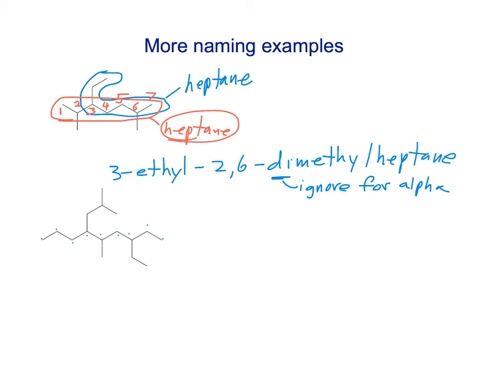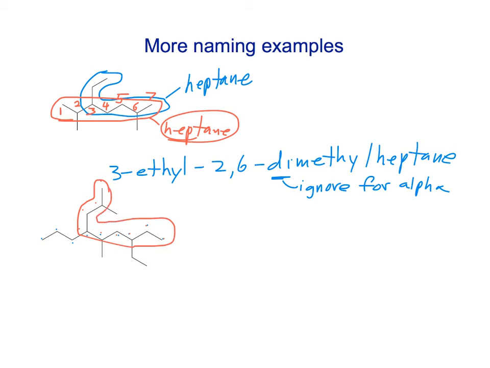Or we could count from up here at the top. 1, 2, 3, 4, 5, 6, 7, 8, 9. That also has 9. And how many substituents does that one have? It has the methyl, 1, 2, 3. That has 4 substituents.